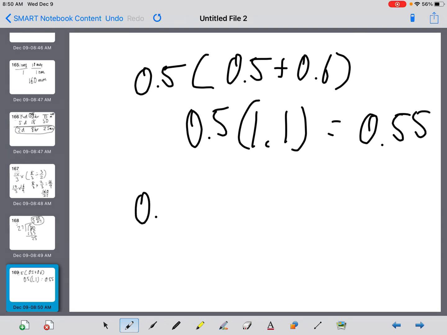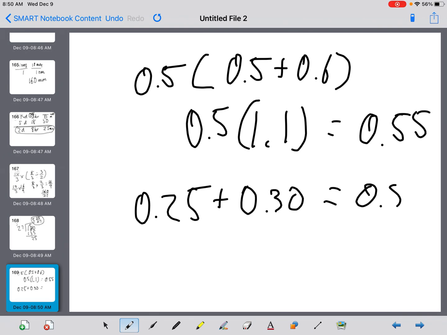Distributive property says multiply first. So 5 times 5 is 25. 2 decimal places equal that. 5 times 6 is 30. 2 decimal places equal that. And then you add and get 0.55. So normally, guys, it's parentheses first and then multiplication. Distributive property says multiply and then add.